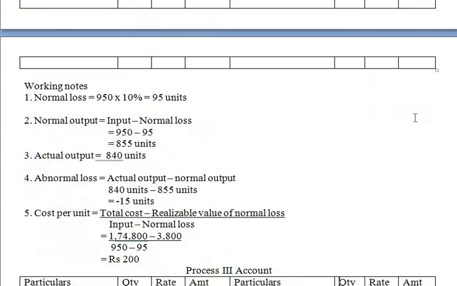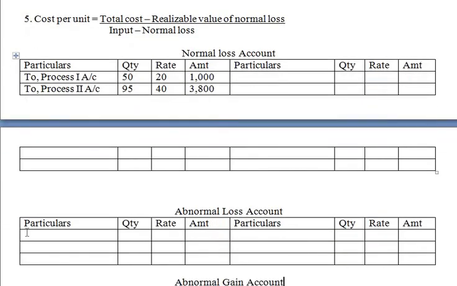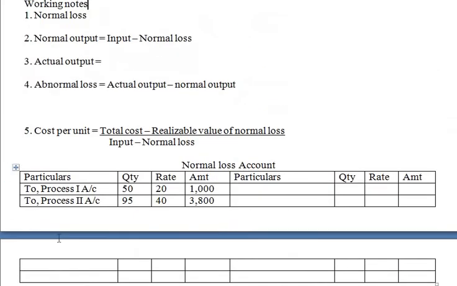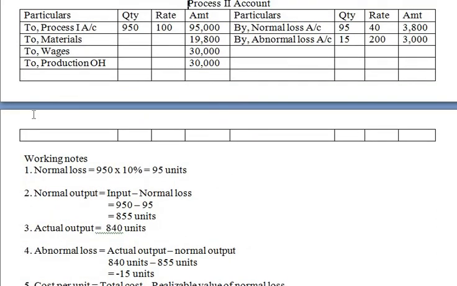So this we are going to show in the abnormal loss account debit side. It will be having an opposite entry, so we are going to show it here. Okay, so it is from process 2 account. Now close this.